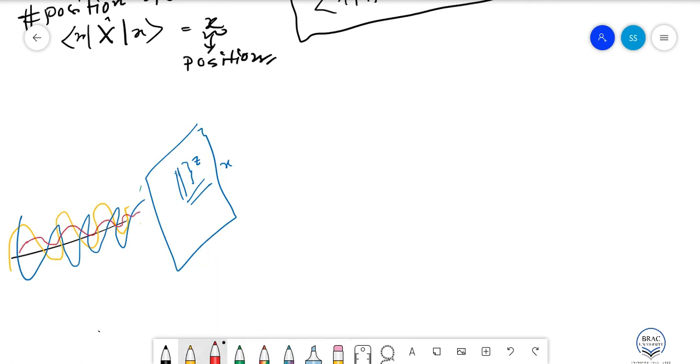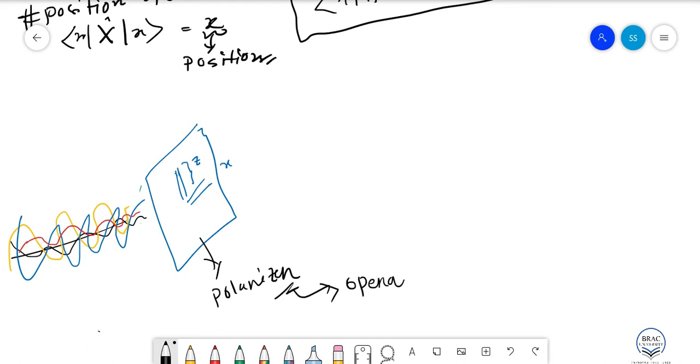And you can draw more if you want. And these are my lights, and this is my polarizer. This is something equivalent to an operator, which is equivalent to a measuring device. Let's say for this experiment, it's just a filtering device, right?